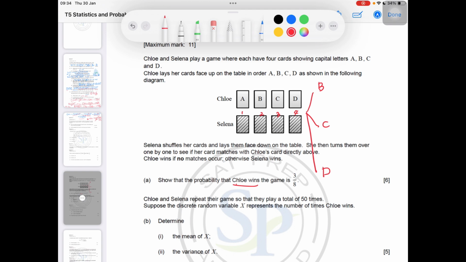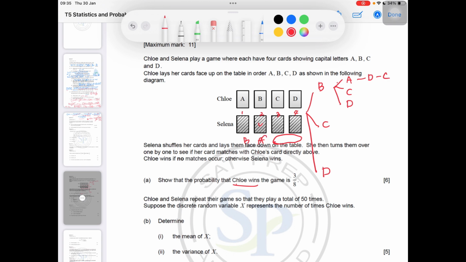And now, if we have B, now we have the case of A, C, D. So for the second, we can have A, C, D. If we have B and A here already, then now we have C and D, but we cannot have C and D because we need to avoid the same card. So D and C is the only possible way for the first line.